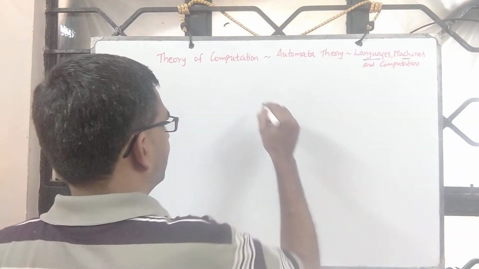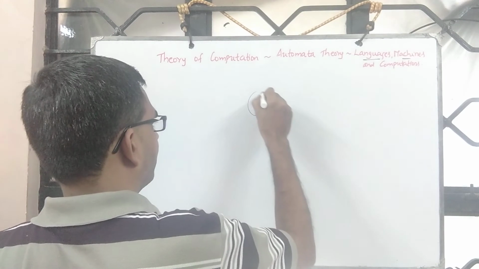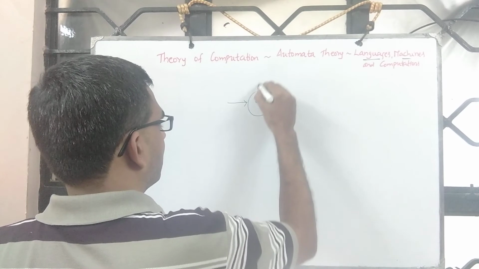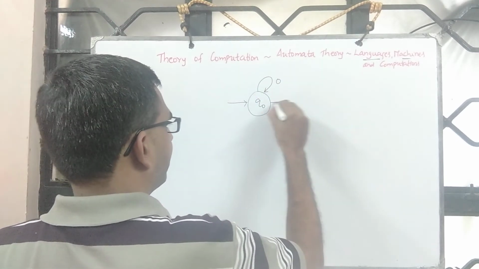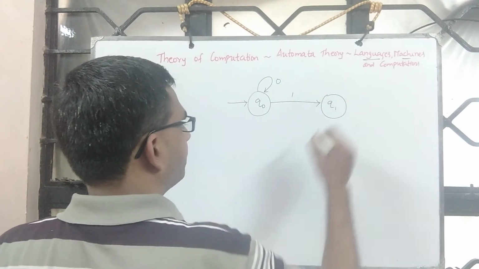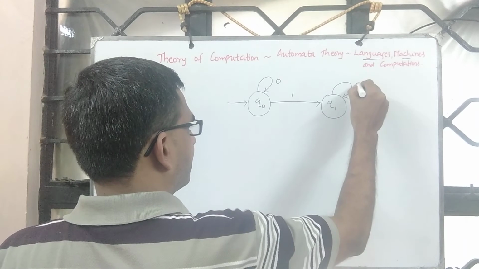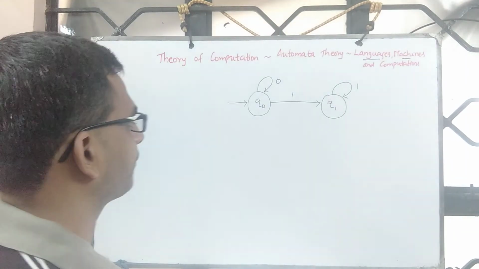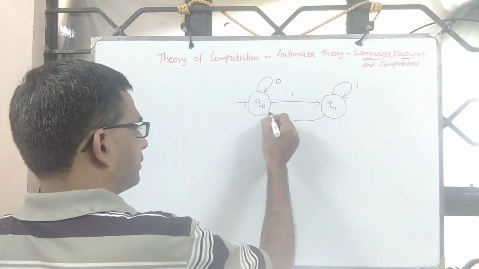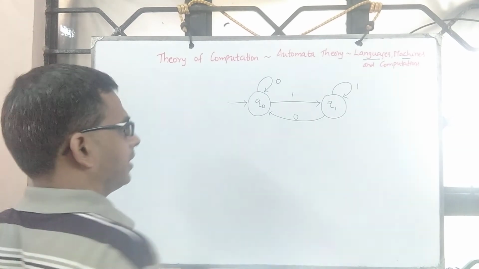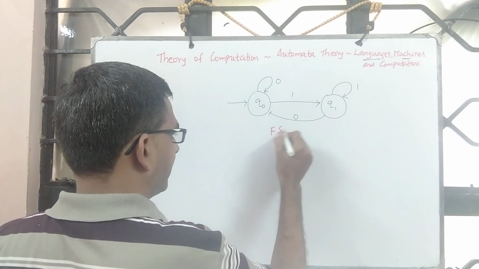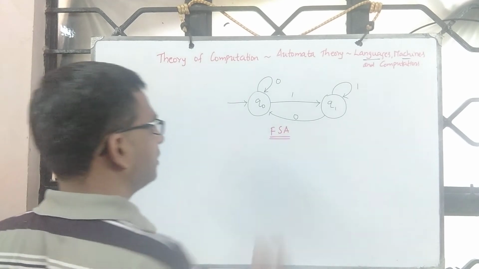Consider this transition diagram. This is my start state, and on reading 0 I stay here, on reading 1 I go to Q1, and on reading 1 I continue to stay here, and then on reading 0 I come back to this. Now the way we describe this machine, it is a finite state machine or a finite state automaton.